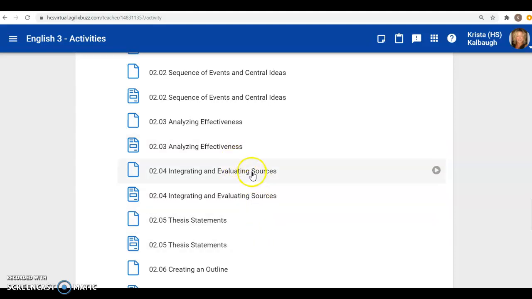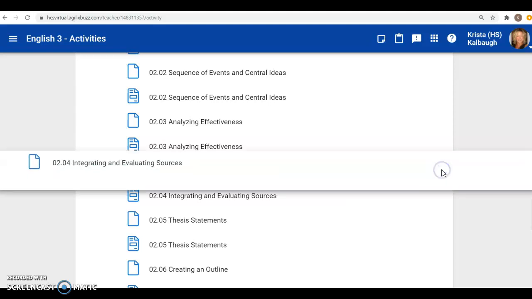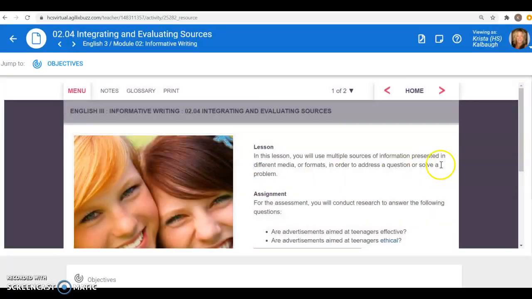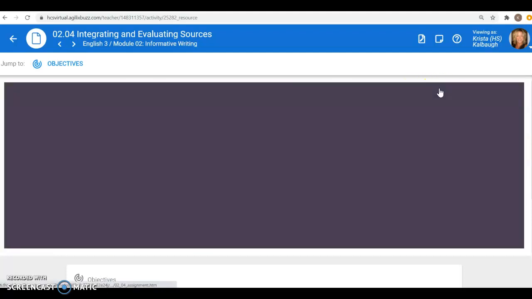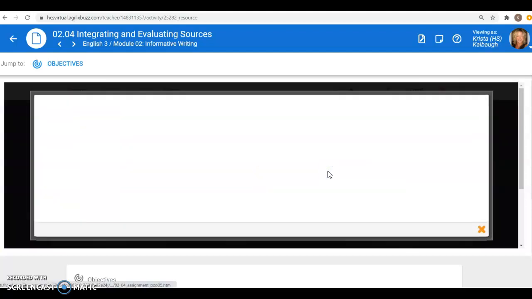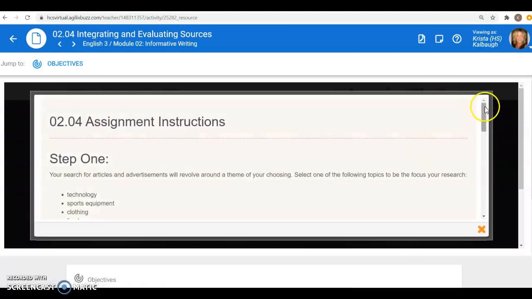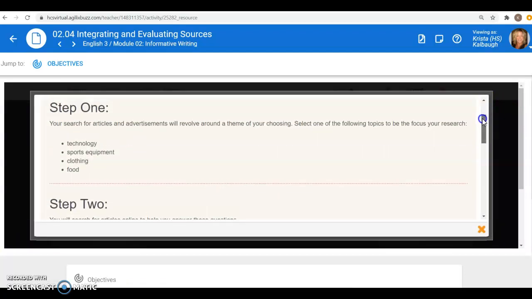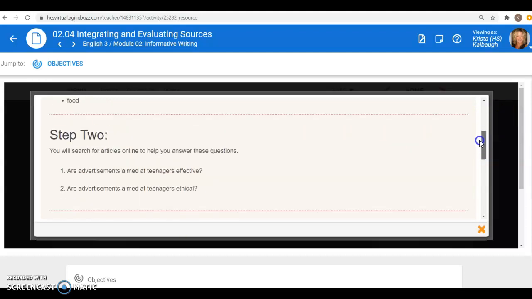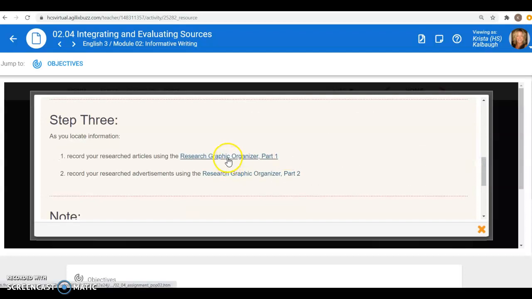So I just want to take you back to 2.04 for a second. You submitted, or should have submitted, two different graphic organizers. So again, we're looking at 2.04 for the purposes of 2.05. You selected one of these topics, and then you did the part one and part two graphic organizer.